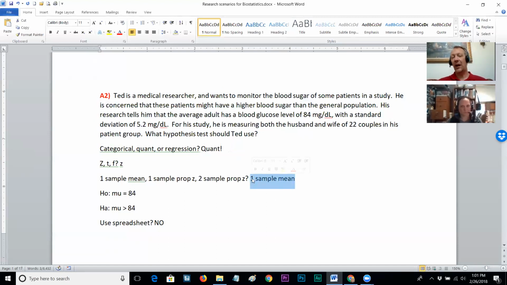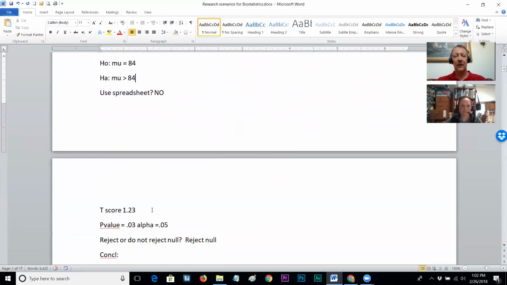Just FYI, when we move into Unit 3, they have a special spreadsheet for these 2 tests, so you will be able to use the spreadsheet, but there is no spreadsheet for a 1 sample mean with z-test. Well done.